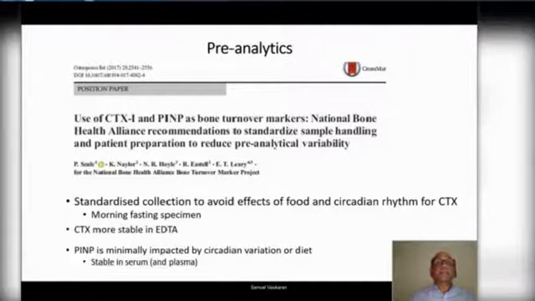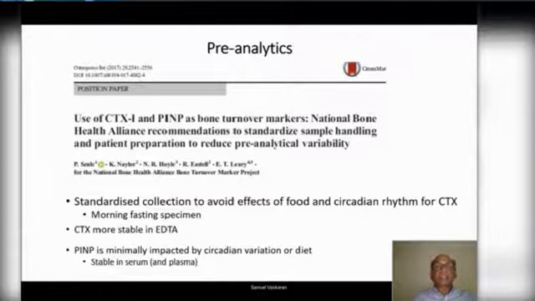Subsequent to that, a number of papers have followed on, and I'm just showing you this paper on pre-analytic aspects for bone markers, specifically touching on CTX and P1NP as the reference bone turnover markers. And they have given details of the pre-analytics for these two markers.